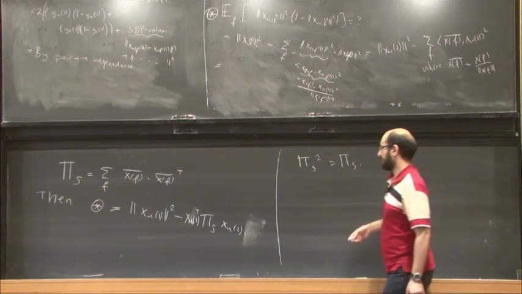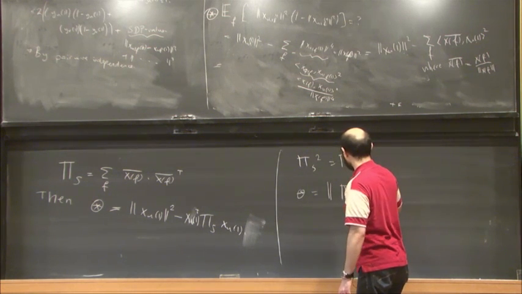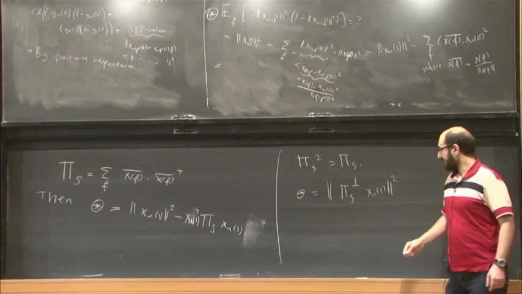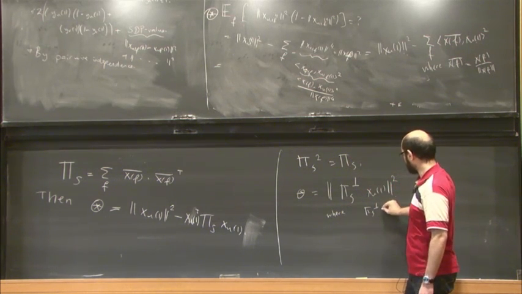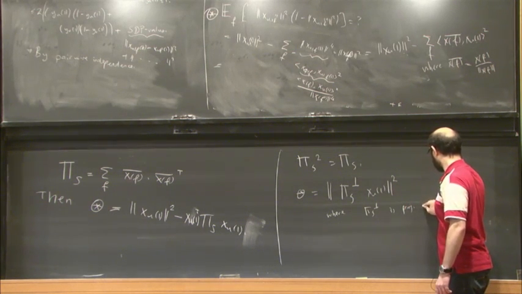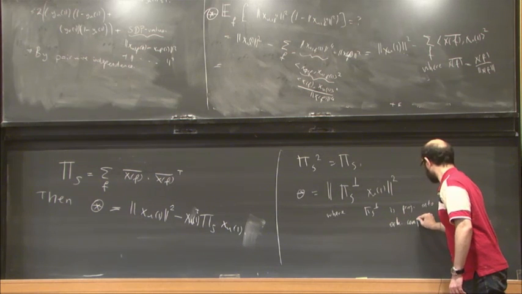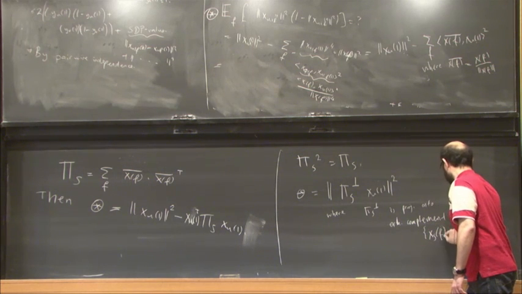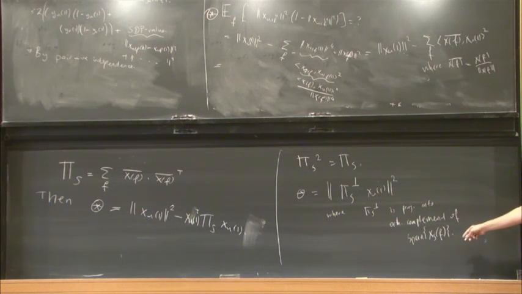Which means this quantity is now equal to pi of s perp xu1, where I can now define pi s perp as the projection matrix onto the null space, or onto the orthogonal complement of the span of these vectors x sub s of f.